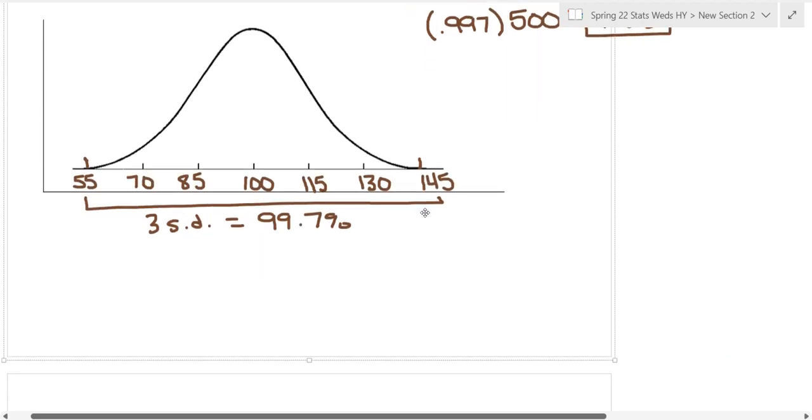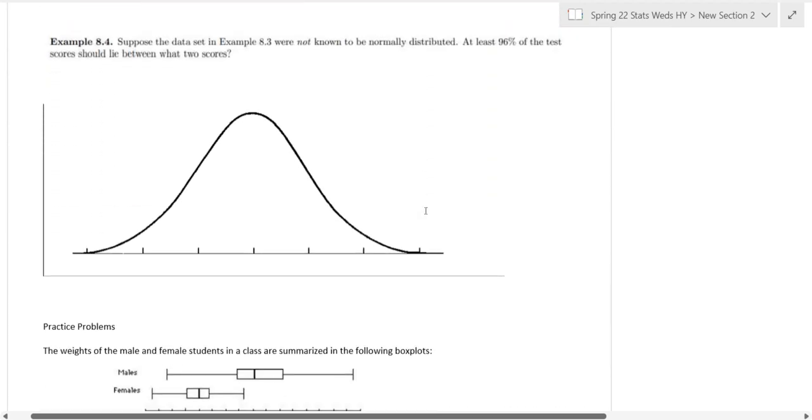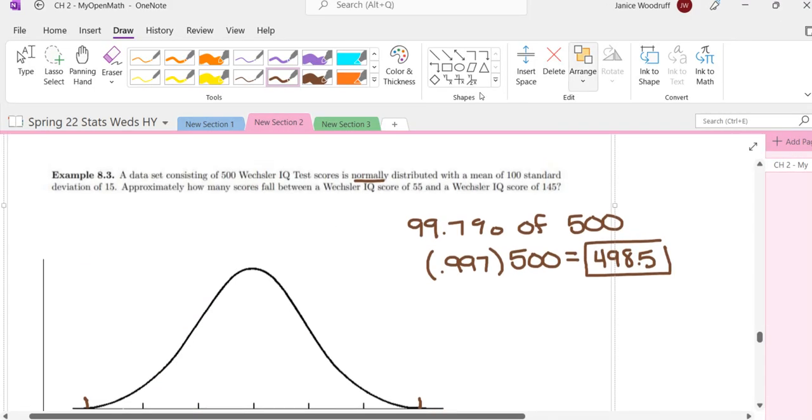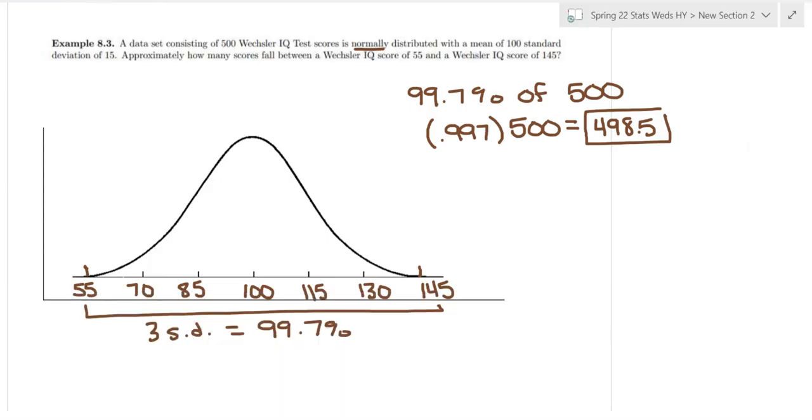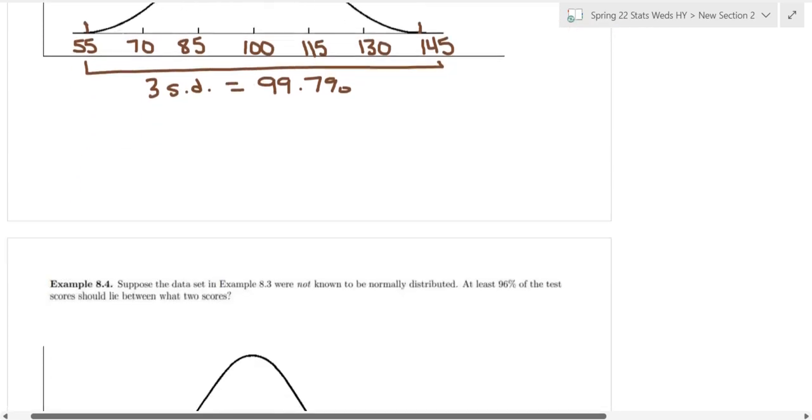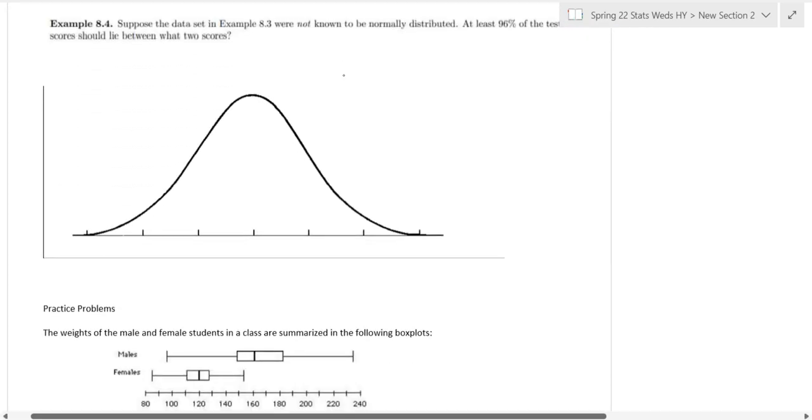Okay, last example here. So let's suppose that this was not normally distributed. So that means now we're looking at Chebyshev. Not normally distributed, at least 96% of test scores between what 2 scores? Okay, so this one's interesting. I don't actually need the curve for this one. So I have Chebyshev's theorem.